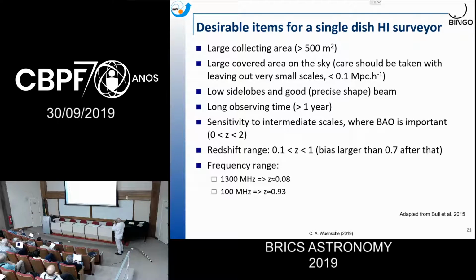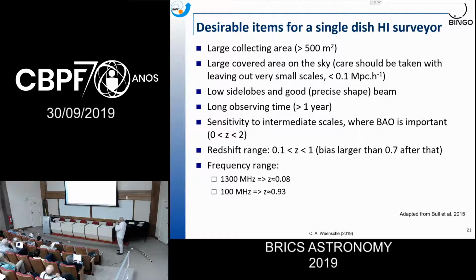You need a large area covered on the sky. You need, for a single dish, low side lobes and a very precise beam, because you don't want to collect contamination from outside your beam. Low side lobes mean that you will not get anything outside your optical axis. You need a long observing time because the signal is very tiny. And you need sensitivity for intermediate scales in redshift, where BAO is important.